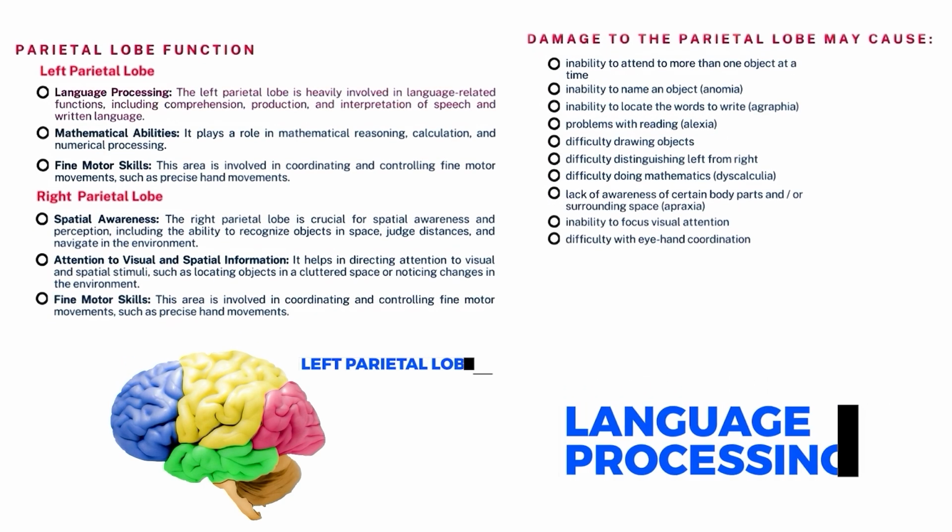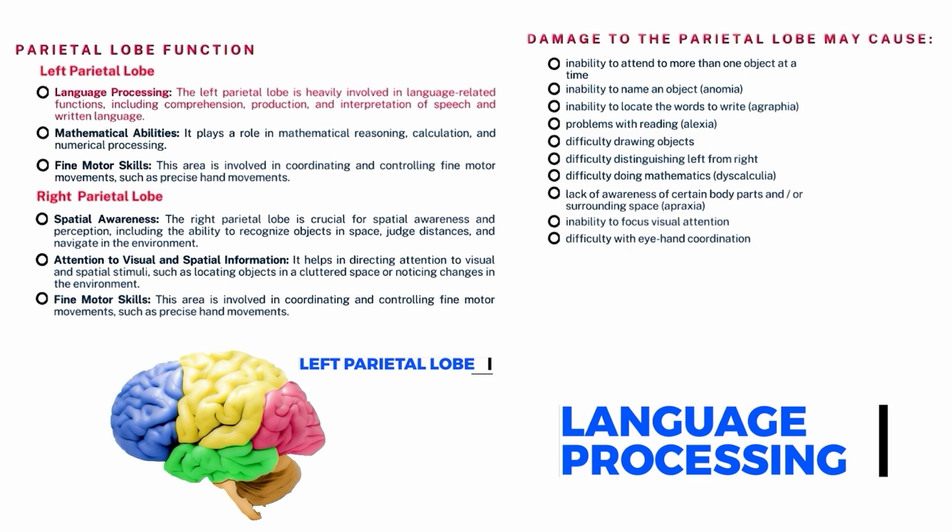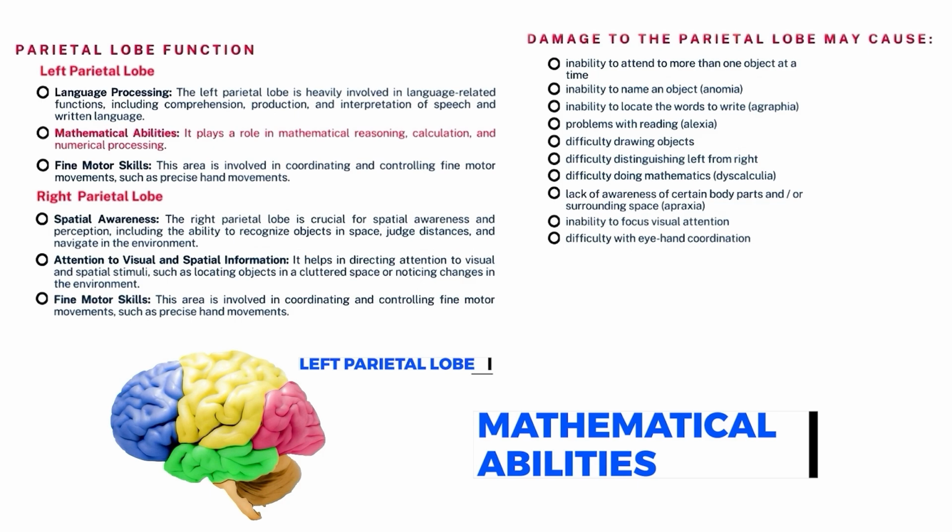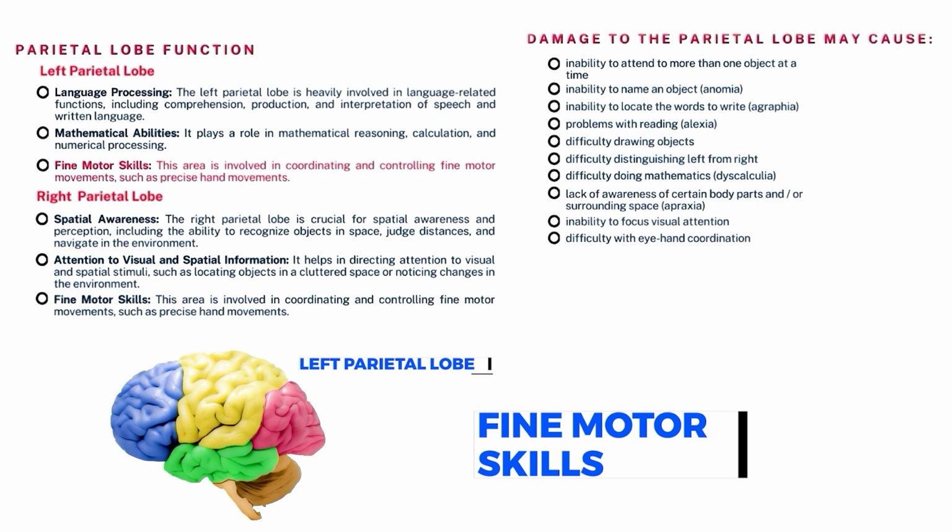Coming to parietal lobe functions, the dominant lobe has the language processing center, which processes all speech and language, and mathematical abilities, calculations are done here, and fine motor skills are governed here.